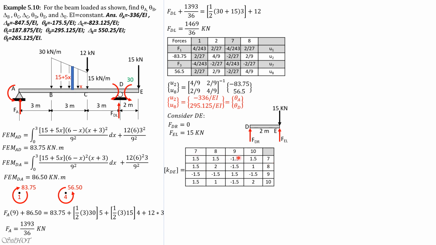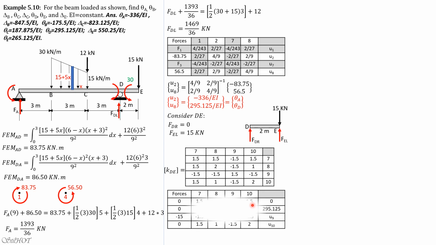So DE is 7, 8, 9, 10. Then for the forces, we have 0 for FDR, 0 moment at D, then opposite to upward, 15 is downward, so negative 15, and there's no moment also at the other end.